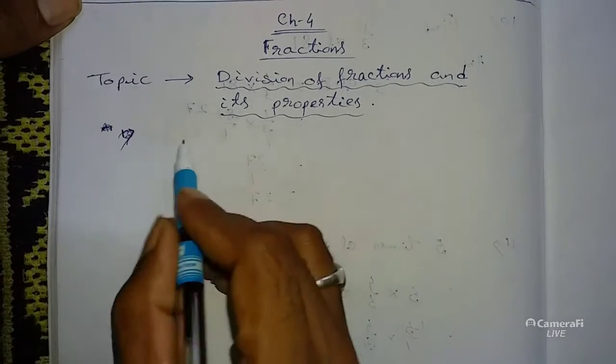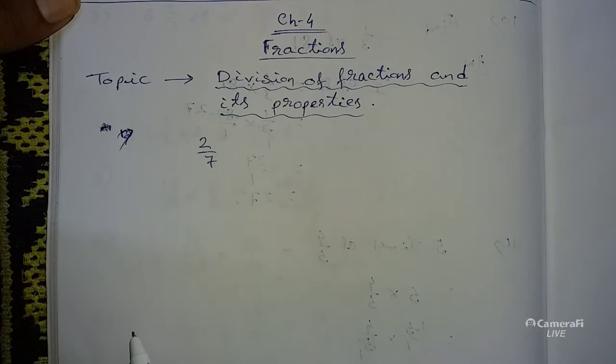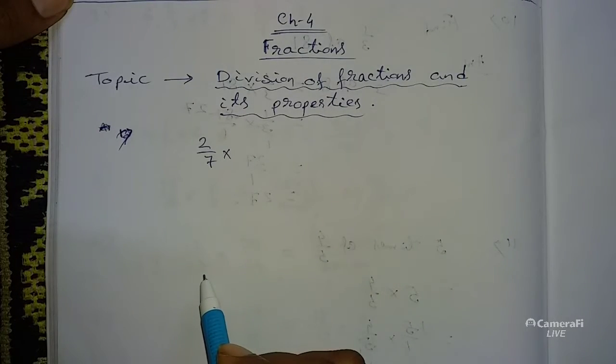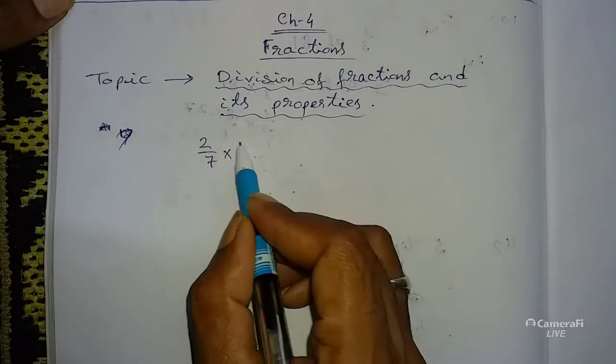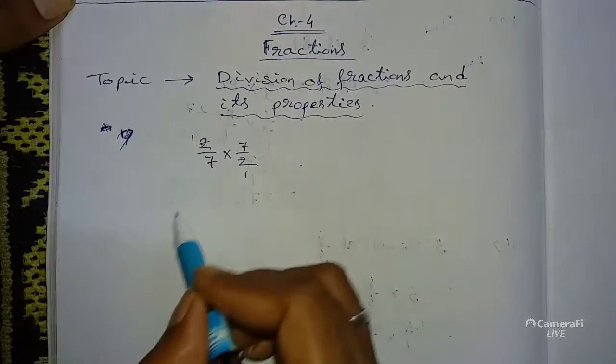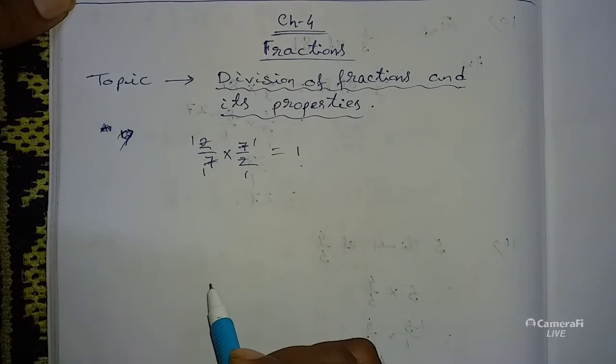Suppose we have to find the multiplicative inverse of 2 by 7. Then we should multiply this fraction with another fraction so that the result becomes 1. So, what should we multiply? 7 by 2, because 2 ones are 2, 2 ones are 2, cut down, 7 ones are 7, 1 is, we get the result 1.